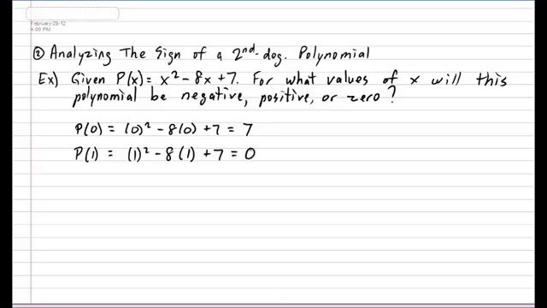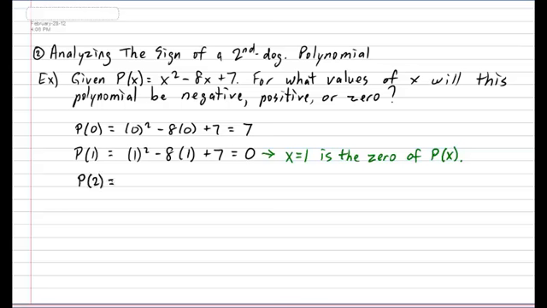Interesting. If we recall from the previous section, we called that this particular value of x is known as the 0 of the polynomial. Or, as some of you may call it, the x-intercept of the polynomial. Alright, let's keep going. Let's try plugging in when x is 2.